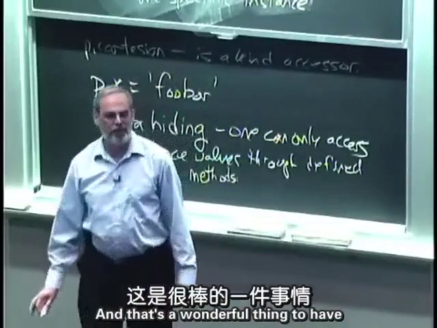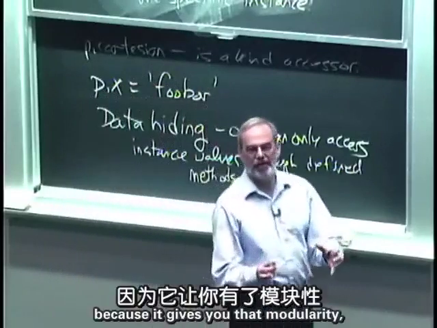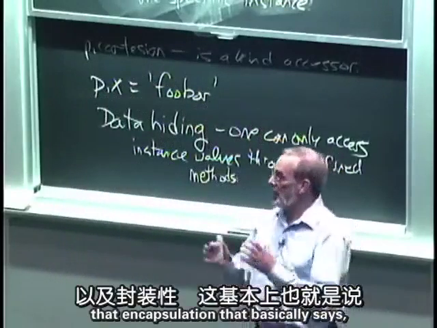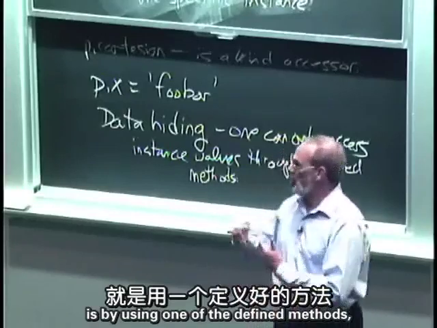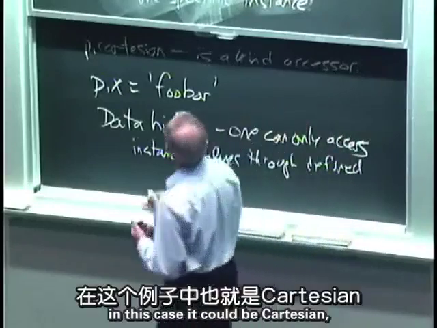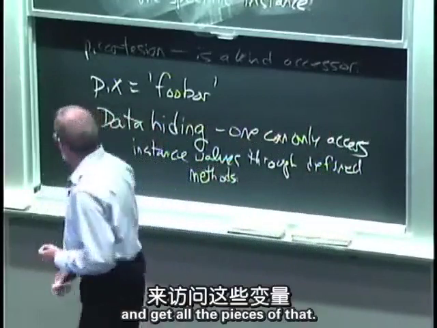And that's a wonderful thing to have because it gives you that modularity, that encapsulation that basically says when I create a point, the only way I can get at the values is by using one of the defined methods. In this case, it could be Cartesian and get out the pieces of that.